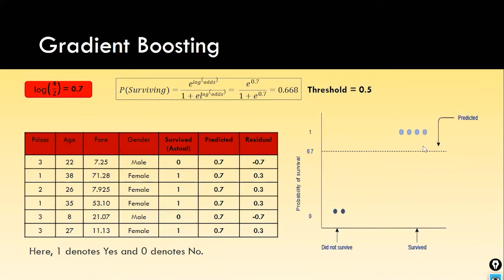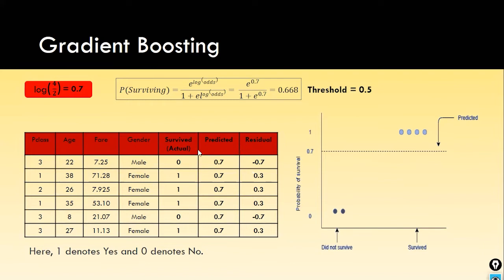Here in this chart, you can see that the light blue and the dark blue dots are the observed values. The dark blue dots are the passengers who did not survive, with the probability of 0, and the light blue dots are the passengers who survived, with the probability of 1. The dotted line here represents the predicted probability, which is 0.7.